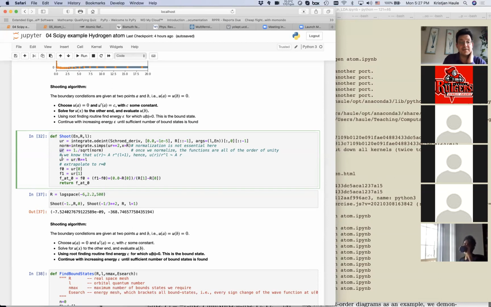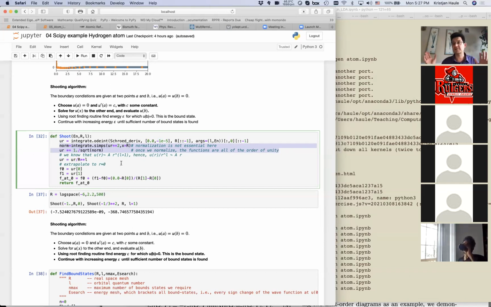You might ask yourself, why do we normalize this function first? Because if we extrapolate the function down to 0, why is the normalization constant important? We have a function, and it can be normalized to anything. It doesn't matter if we can extrapolate it to 0. We're going to get the same value. Well, it's a good idea to work with normalized functions because otherwise these functions can be very, very large sometimes.